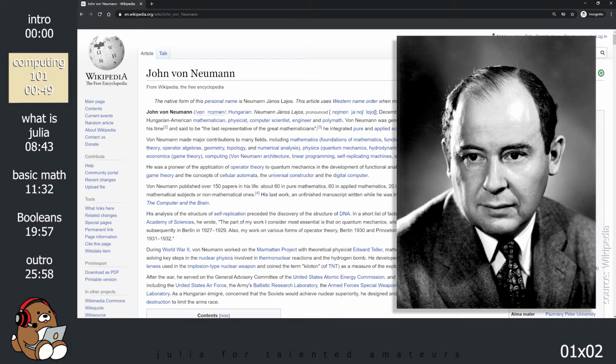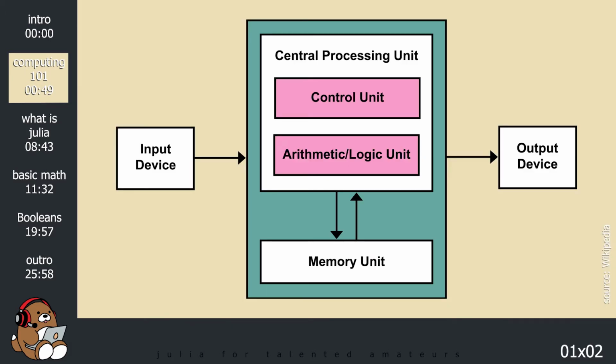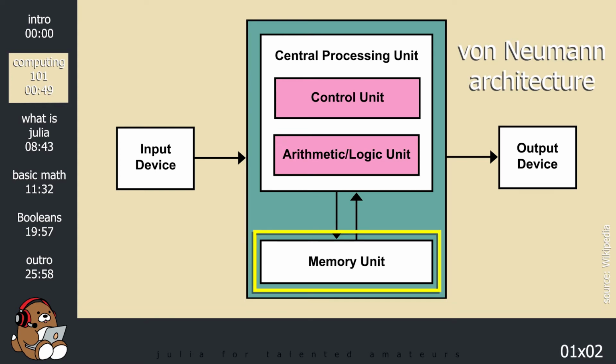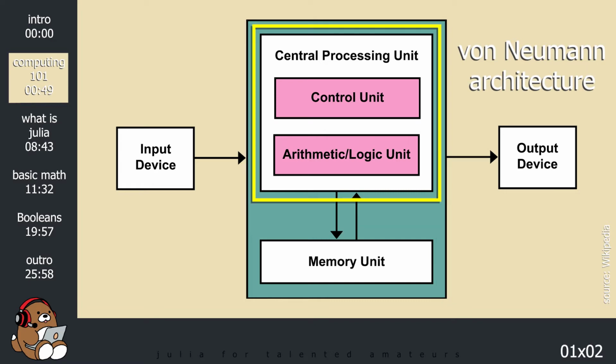In the 1940s, Alan Turing's vision became reality. In 1945, a Hungarian-American computer scientist named John von Neumann came up with his design of a practical stored memory computer. His design is known today as the von Neumann architecture. His design consisted of a memory unit, which contains data and a sequence of instructions, and a central processing unit, or a CPU.